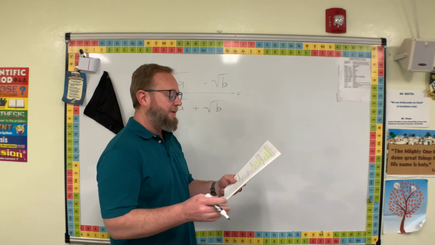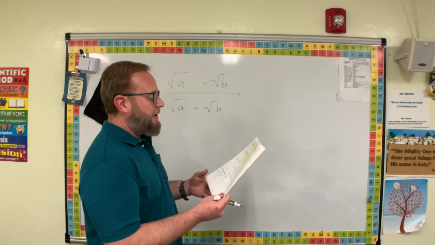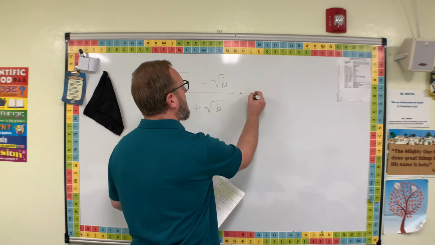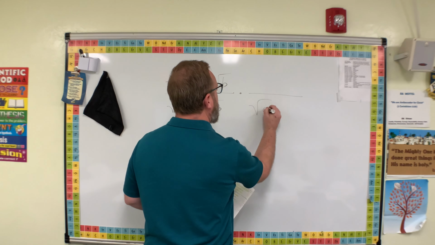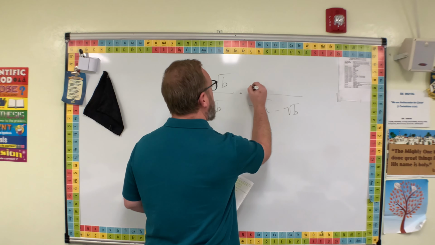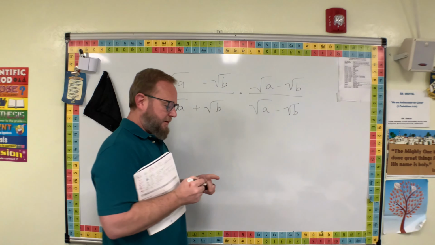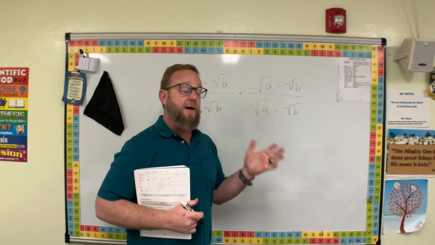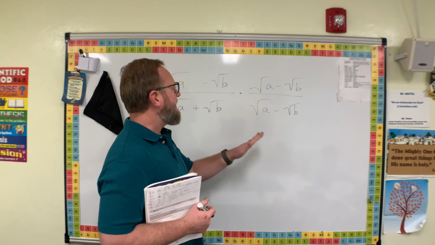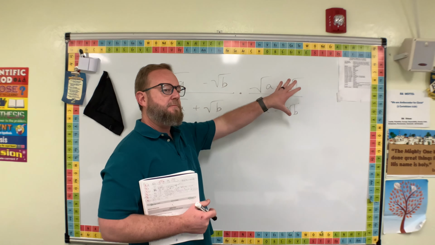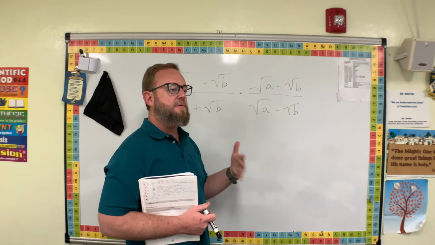Well, if we look at our example, it tells you can multiply it by square root of A minus square root of B over square root of A minus square root of B. Now, just so that we're saying it out loud to make sure we're understanding, how can I multiply this fraction by that fraction? How can I do that?